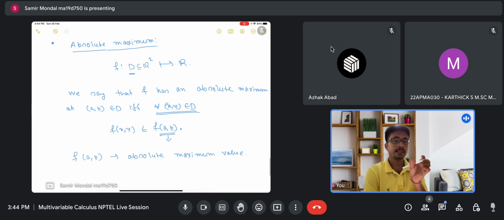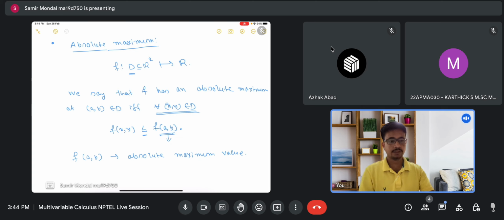That time we will replace the less than or equal to sign by a greater than or equal to sign. So when we say that a function has the absolute minima, we say f of (x, y) is greater than or equal to f of (a, b) for all (x, y) belonging to the domain D. So we can generalize this concept.